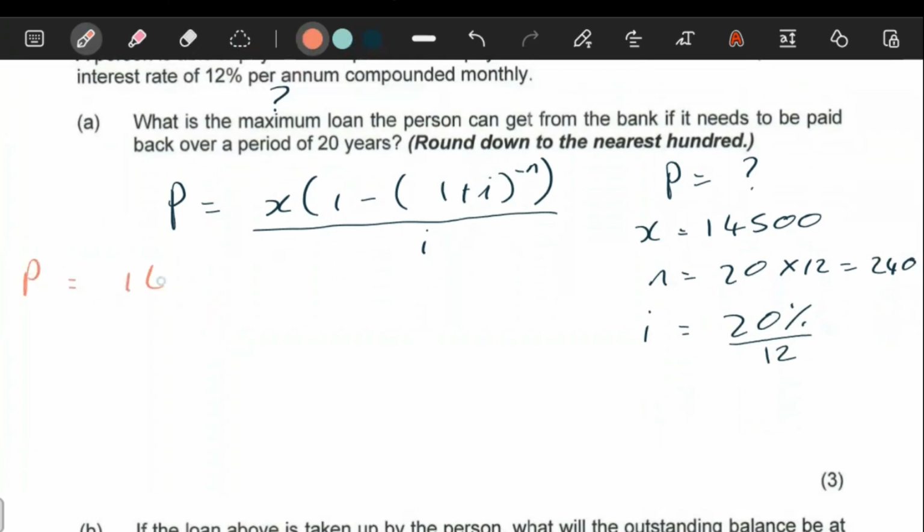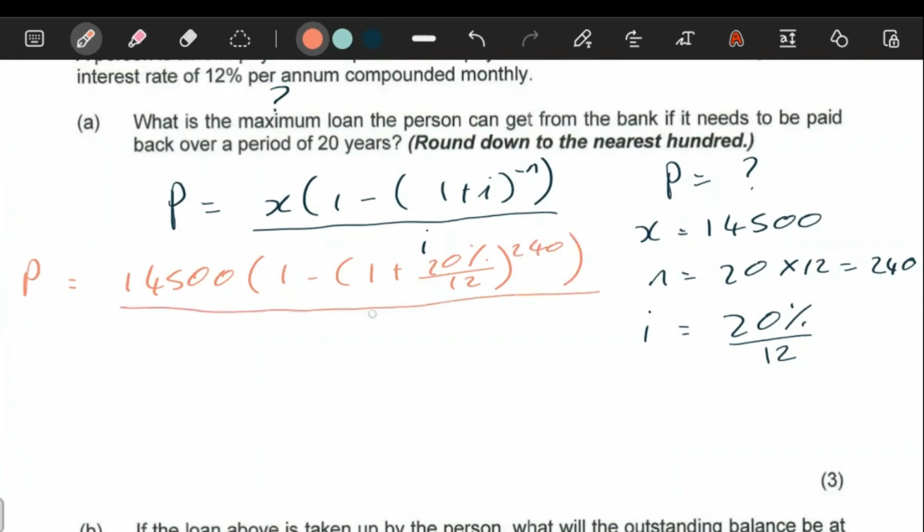So it's 14,500 times 1 minus 1 plus the interest, whole thing over to the power of 240. There you go. So all things considered, let's put everything in the calculator.